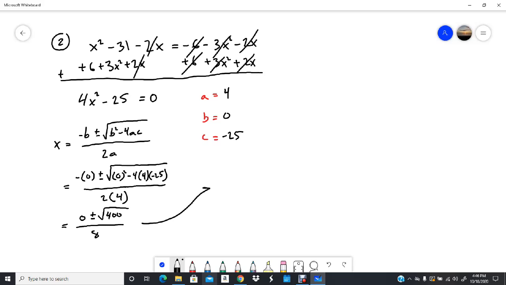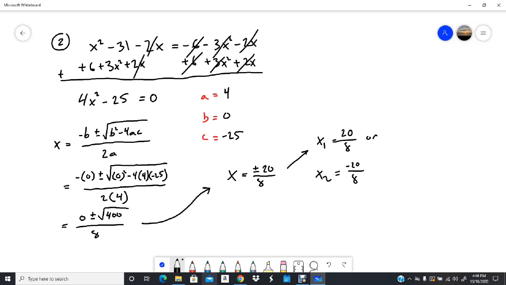Let me just carry this up here. This would be x equals plus or minus 20 over 8. So when we split this, we will have the first root as 20 over 8, the positive version, and the second root would be negative 20 over 8.